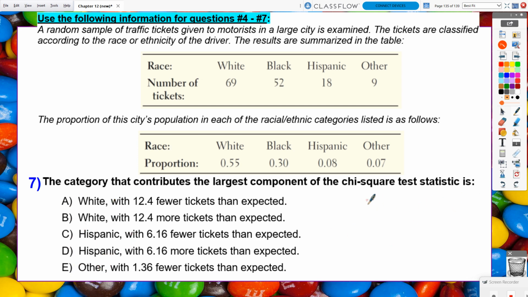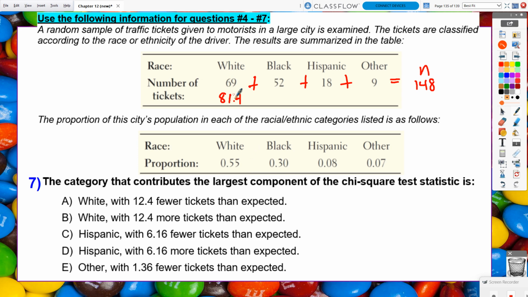So if we were to look at white, so white and one other thing here. Remember, all of these added up to be 148. So if I wanted the expected count for, and again, let's start with whites, 55% of 148 total tickets, the expected count is exactly 81.4.